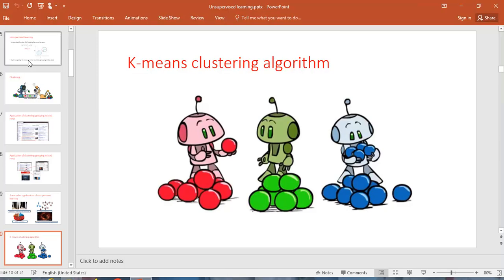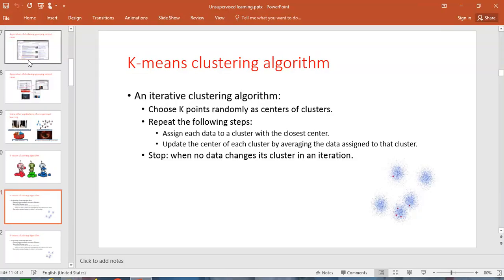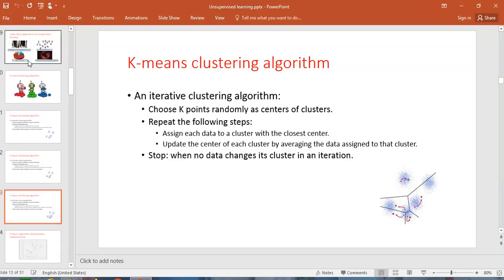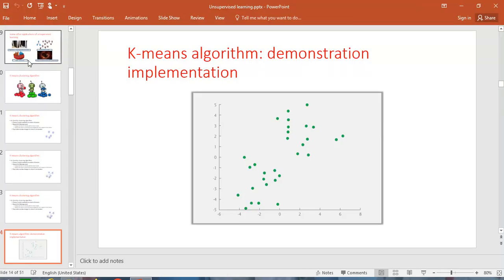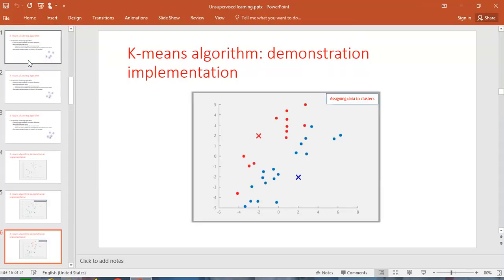The first clustering algorithm is the K-means algorithm. Here is the two-dimensional figure. So even visually data can be clustered.